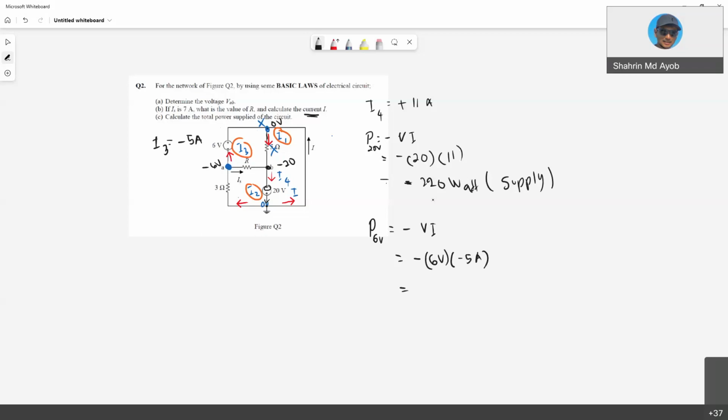So the final answer is positive. What is meant by positive? Meaning that this voltage source is not supplying, it is actually absorbing. So the answer for this question is only this. You just write down this. So the total power supplied by the circuit is 220 watt.